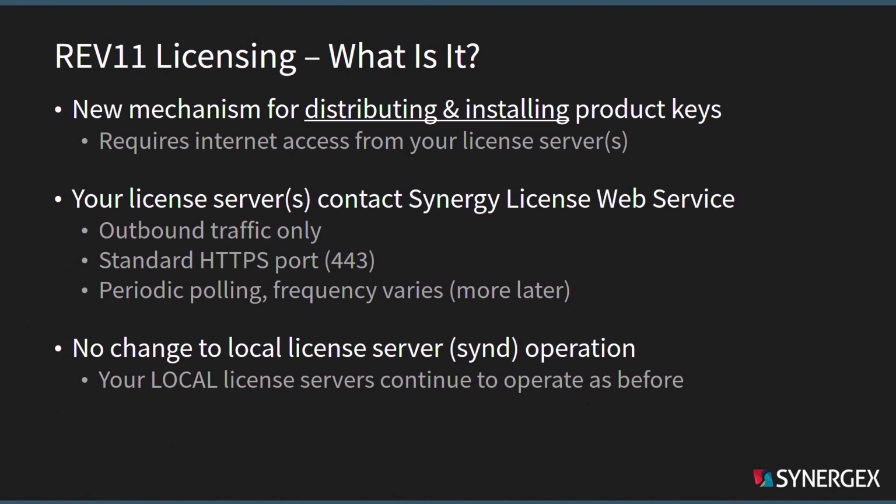Every now and again, it just pings it to make sure it can talk to it. And every time that ping happens, there's a little exchange that goes backwards and forwards, basically saying, have you got anything new for me? And if anything's changed on our end, that changed information, altered keys, is downloaded to your system and installed into your licensed server for you.